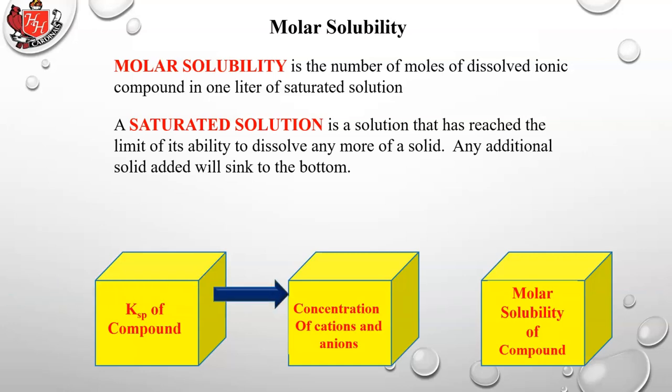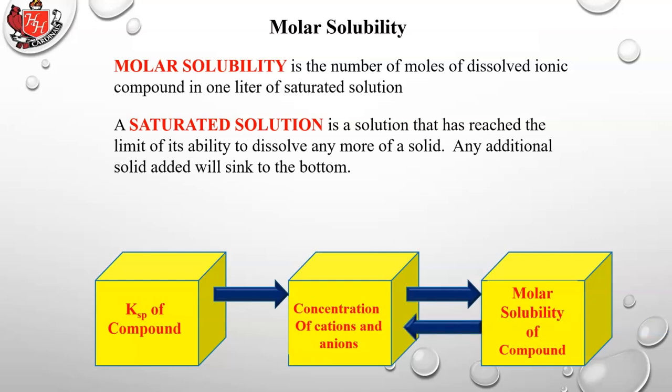So the way we can work these problems is if we start with the solubility product of a compound, we can figure out the concentration of cations and anions, and that will lead us to the molar solubility of the compound. Again, the molar solubility is the number of moles that actually dissolve. We can also go back in the other direction, and we do both of these things by using a RICE table.